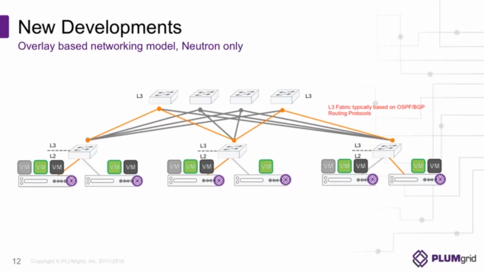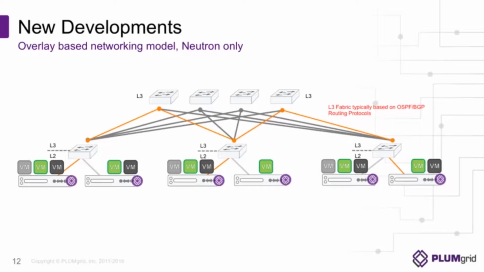Actually, before that, the great thing that we can get using Neutron with its plugins and sub-projects is an overlay-based networking model, in contrast with the flat and the VLAN-based model.